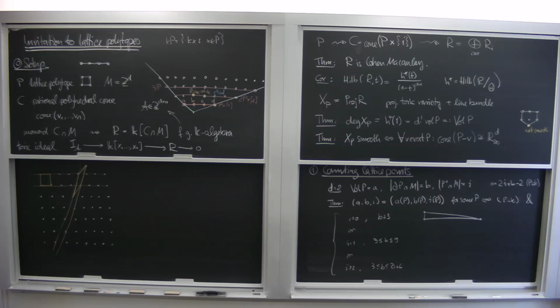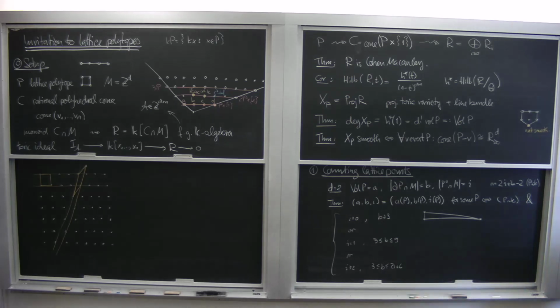On the homework, Christian had included a bunch of triples of these A, B, and I. One of them was the triple 524, which I guess we should see as impossible by the theorem.